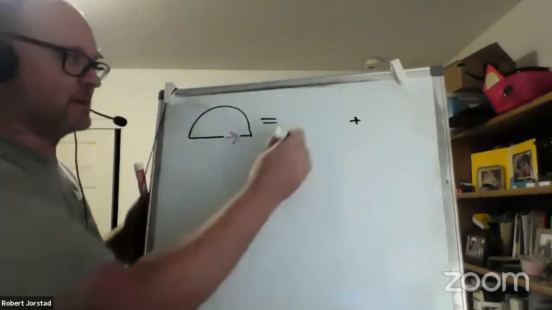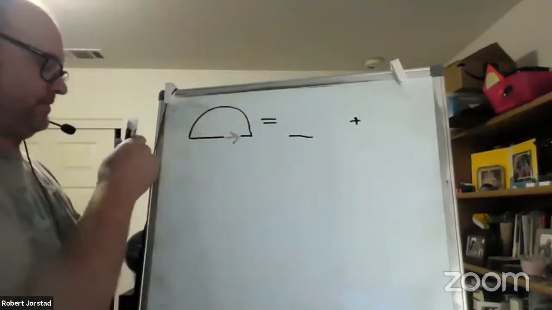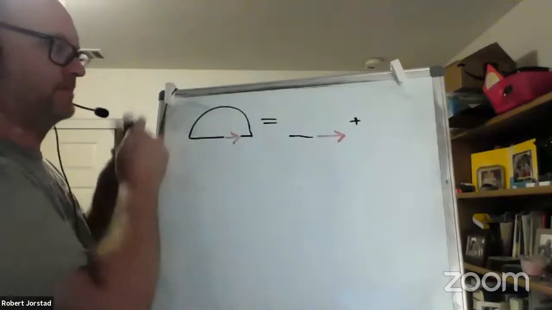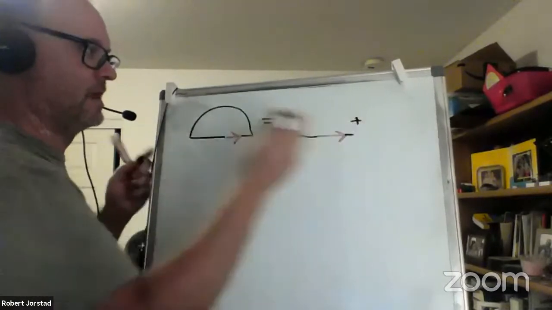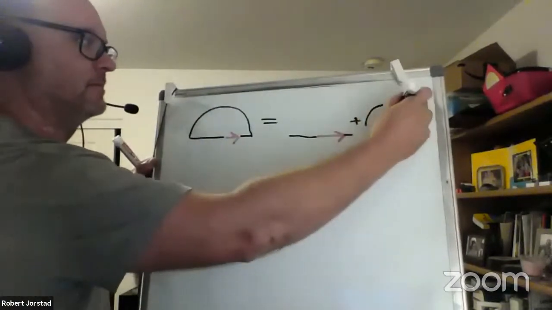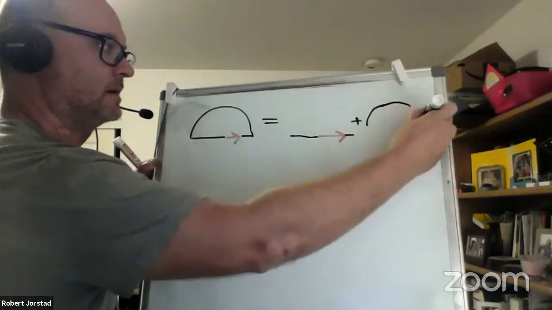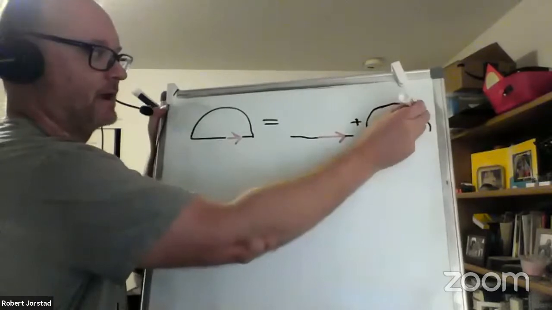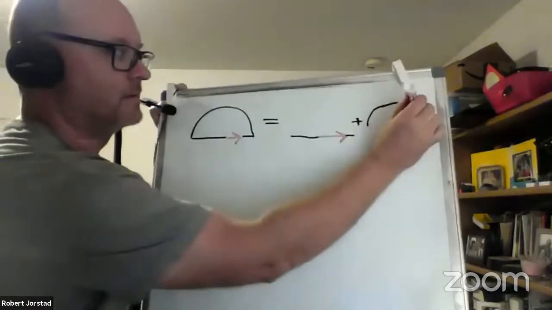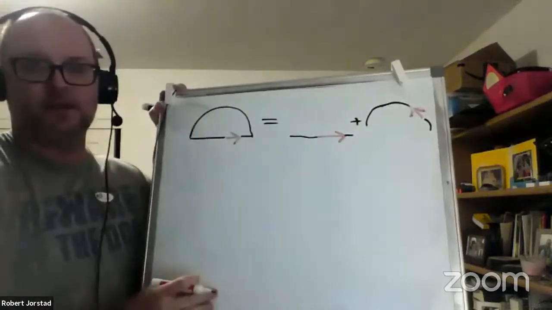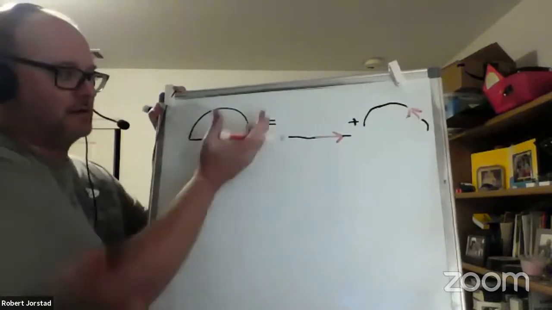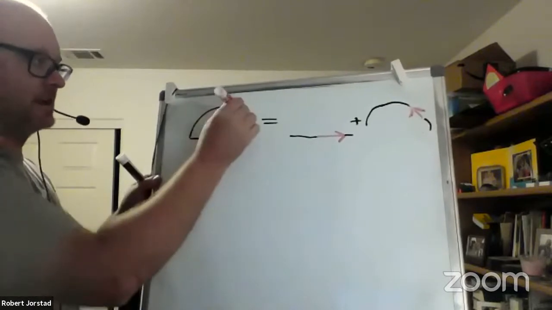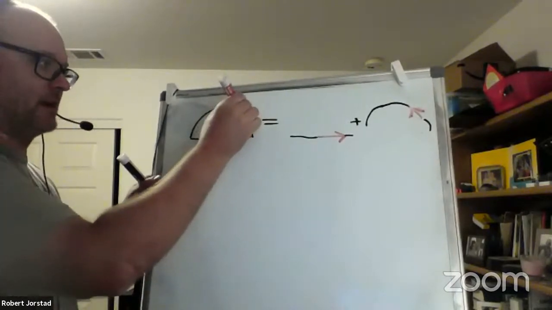So this would be equal to the straight part with current flowing that way, plus the curved part with current flowing that way. So we've got current flowing in this direction here, and we know the current has to be flowing that way in this picture too.